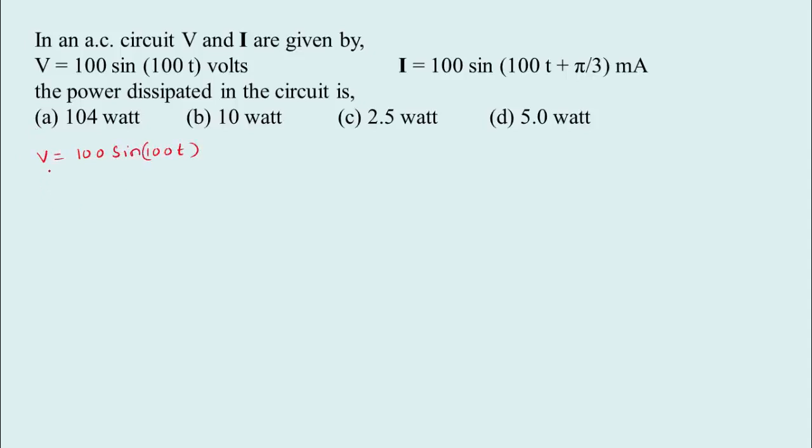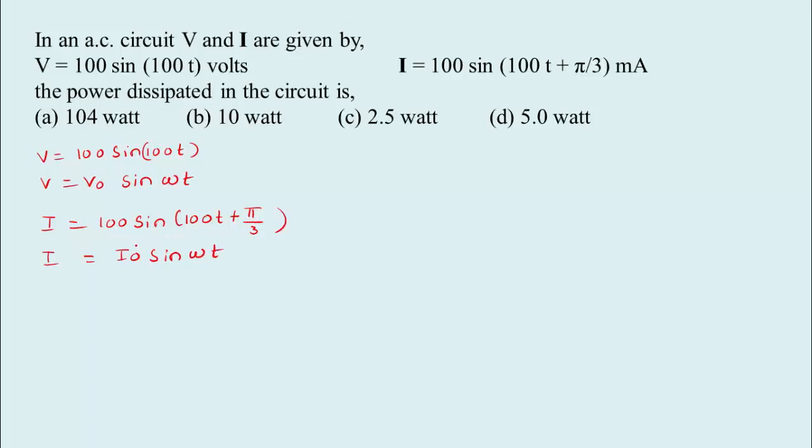So this is equivalent to V equal to V naught sine omega t. Similarly, the second equation, current I equal to 100 sine 100 t plus pi by 3, is equivalent to I equal to I naught sine omega t plus phi.